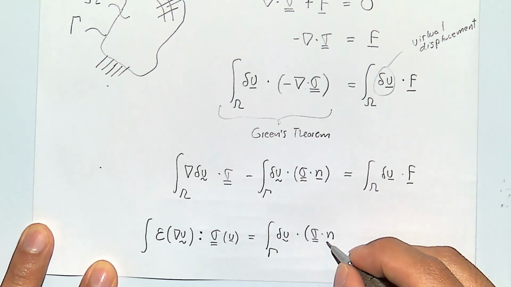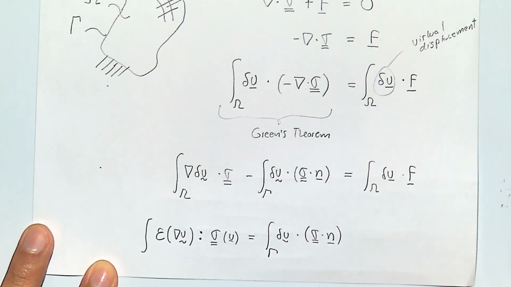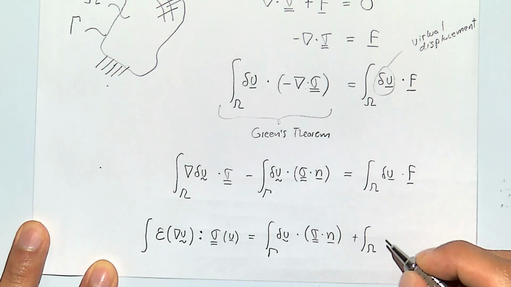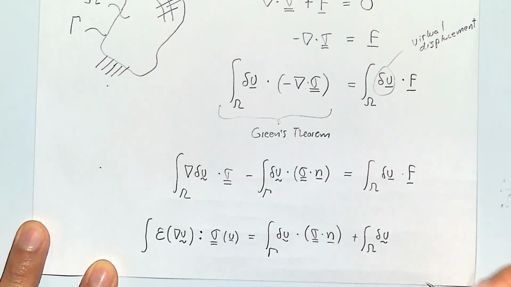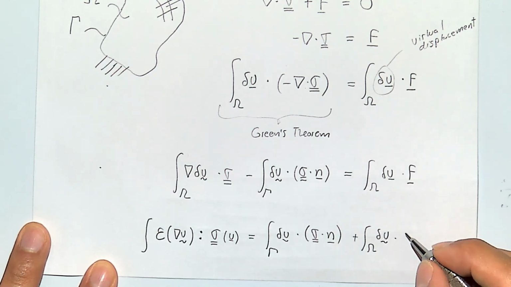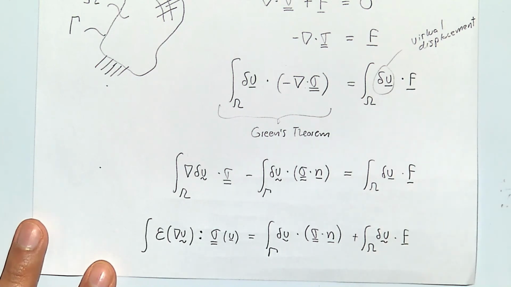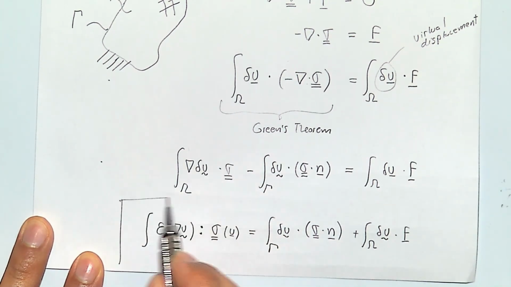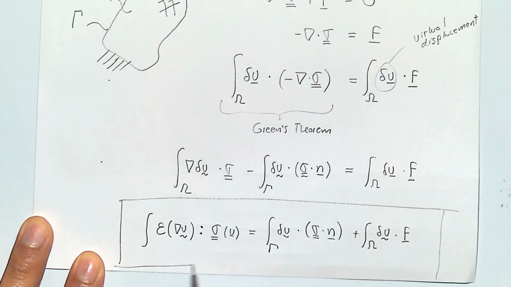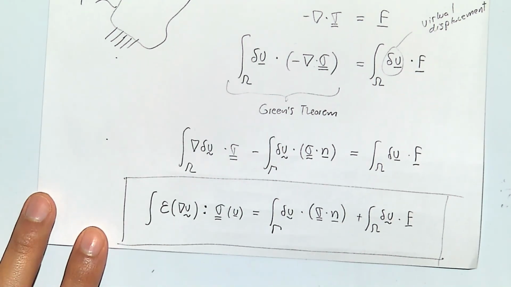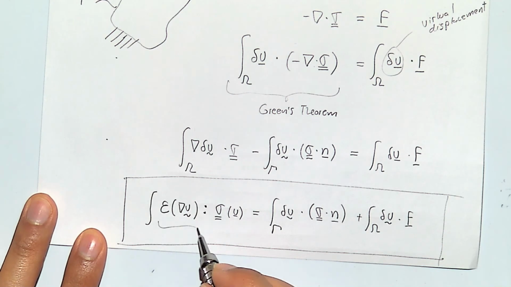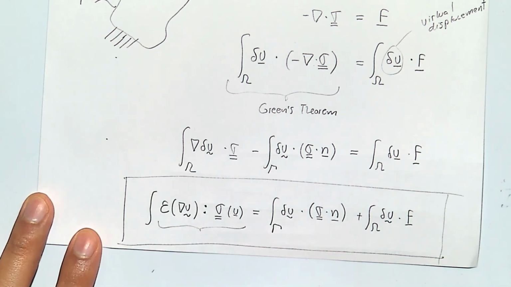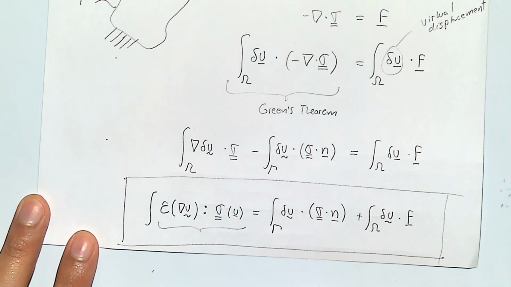Actual stress times direction plus the virtual displacement times the body forces. And this is my final equation. The term on the left is strain times stress.